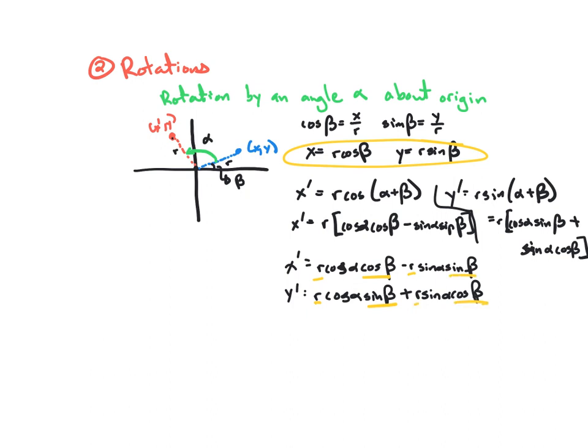So if we make those substitutions, then we see that x prime should equal, since r cosine beta is x, x cosine alpha minus, since r sine beta is y, y sine alpha. And y prime is going to be, since r sine beta is y, y cosine alpha plus, since r cosine beta is x, x sine alpha.